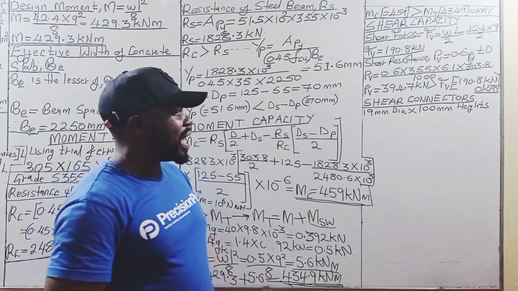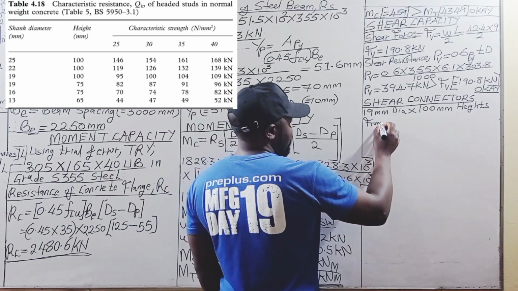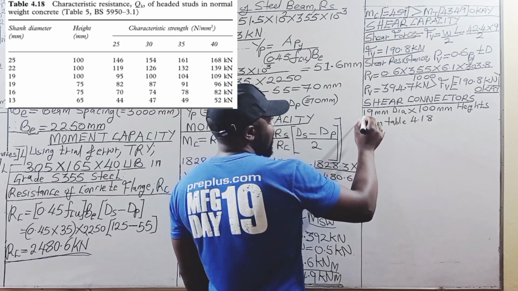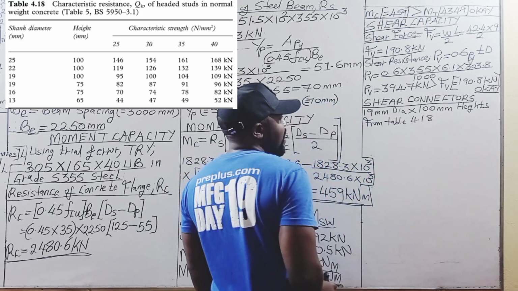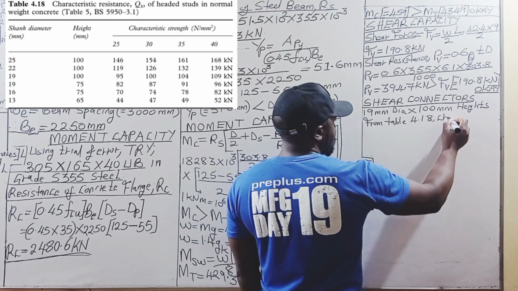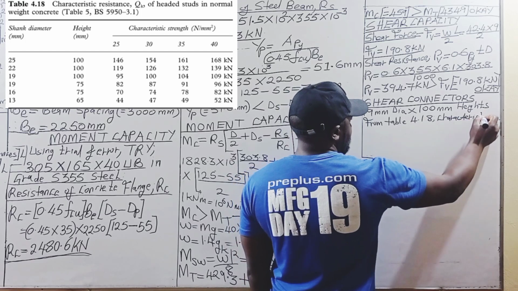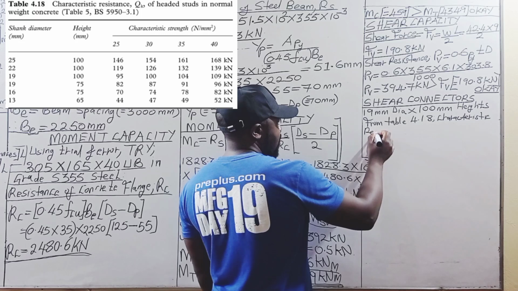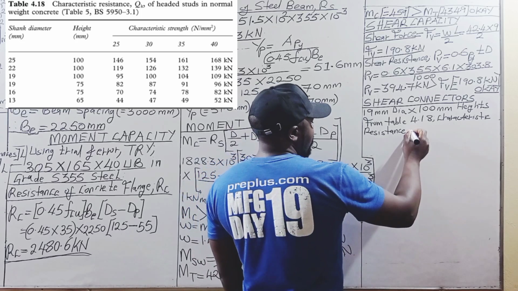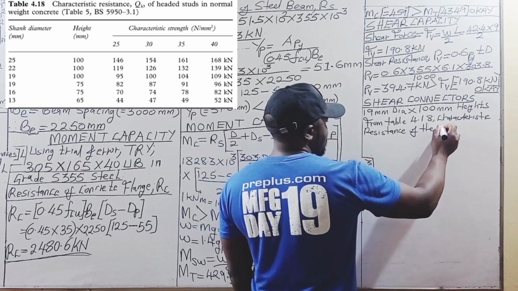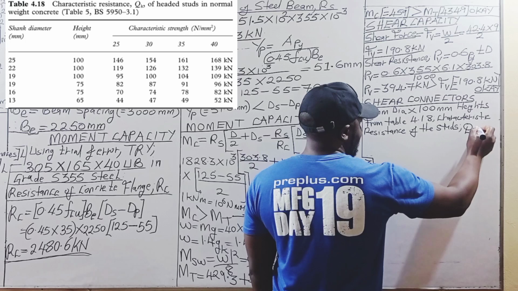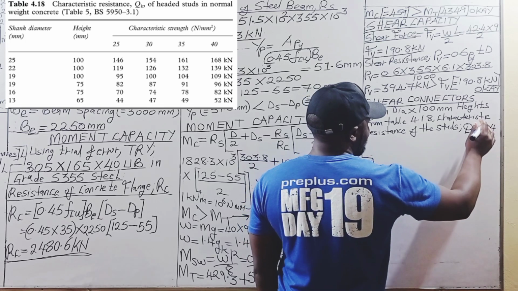And from table 4.18 of BS 5950, such studs will have the characteristic resistance of the said studs embedded in solid slab, that is QK, 104 kilonewtons.